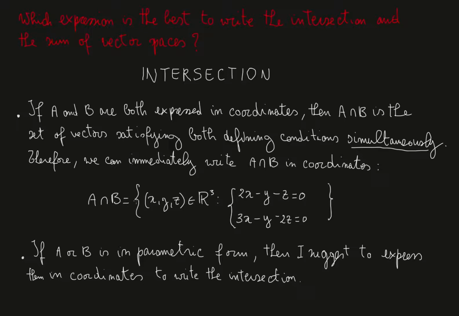A intersected B equals the set of vectors (x, y, z) in R3 such that at the same time 2x - y - z = 0 and 3x - y - 2z = 0. We have seen this writing already in exercise 1.2, and we have shown there that this is a vector space. Now, if A or B is in parametric form, then the expression of the intersection A with B is much more complicated to express.